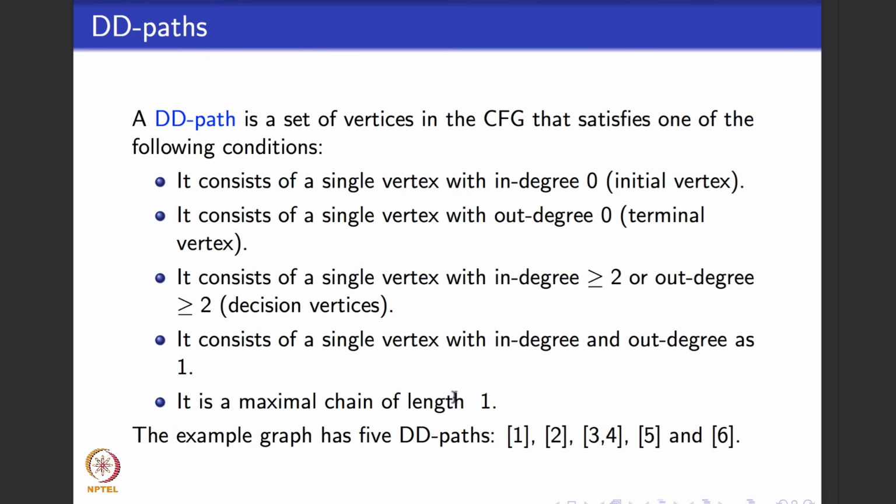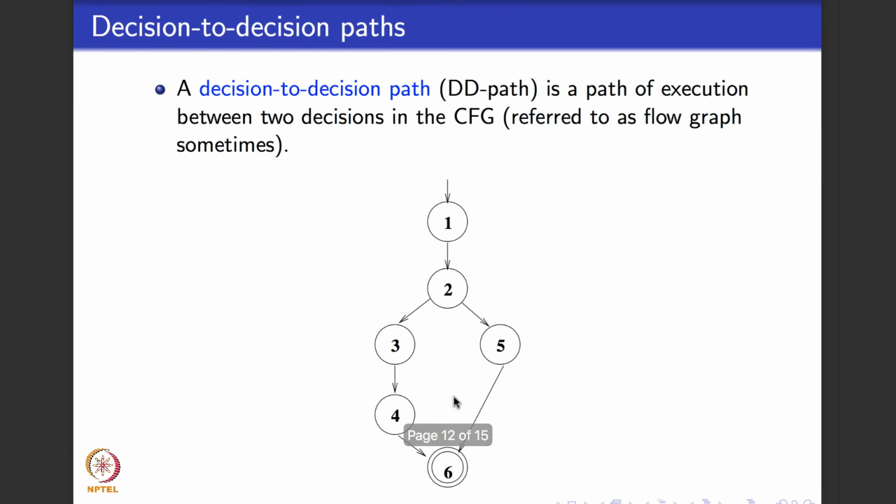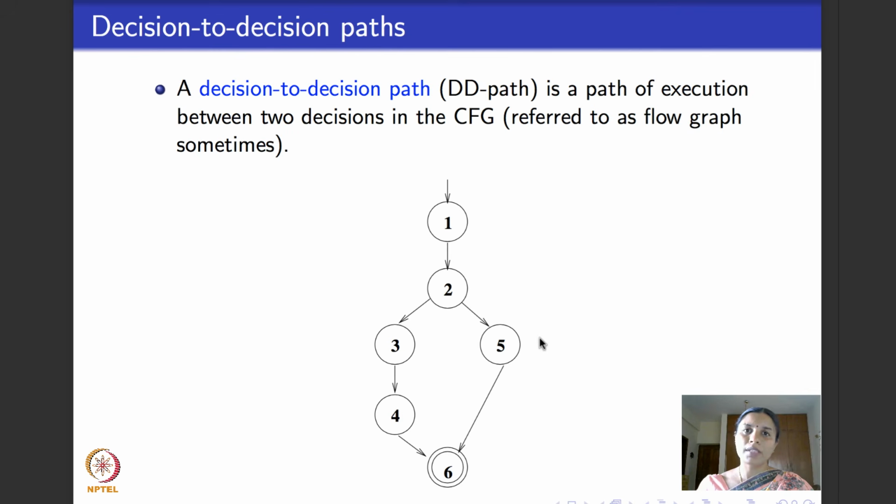So if I apply this definition to this example graph, how many DD paths will I get? The initial vertex 1 is 1 DD path, the final vertex 6 is 1 DD path, the decision vertex 2 is a separate DD path, the vertex 5, which has in degree 1 and out degree 1, is another DD path, and 3, 4 is a maximal chain of length 1.